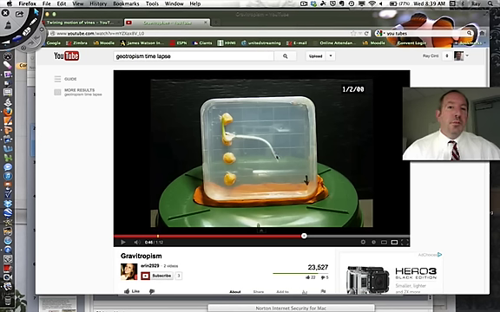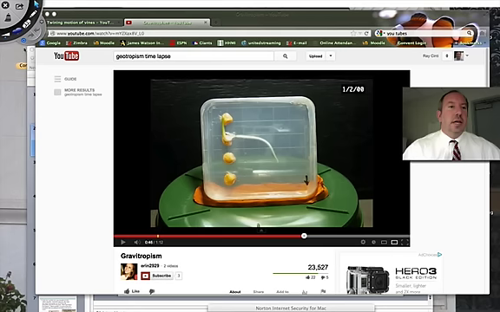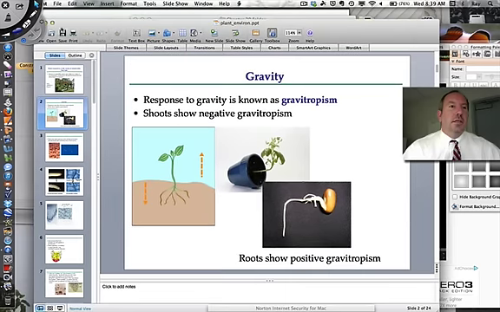So the question becomes: how do the cells in the root sense that gravity is pushing down, and therefore adjust hormone levels, and therefore adjust cell division? Let's look into that. That's the conversation we're going to be having, so let's jump right into it.